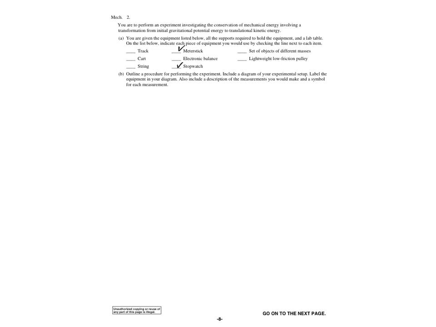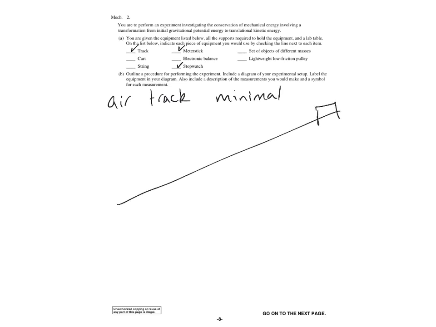The way I thought to do this, you're basically asked to outline a procedure for an experiment where you're trying to determine conservation of mechanical energy using transformation from initial potential to translational kinetic. So how would you do this? First of all, I would use an air track with minimal friction, and I would set up a situation like this where you have the track and the glider running down the track.